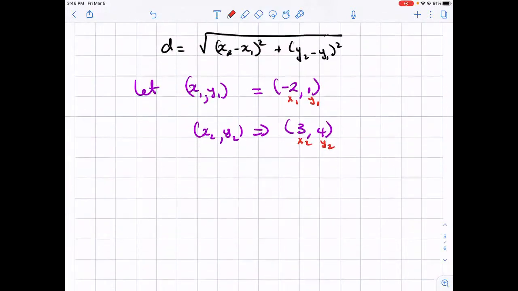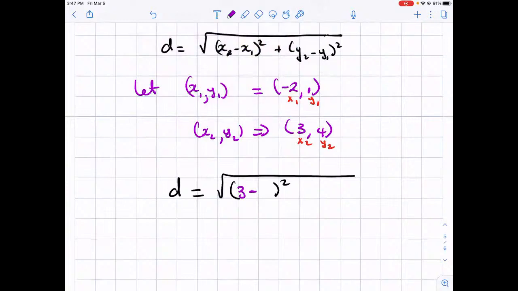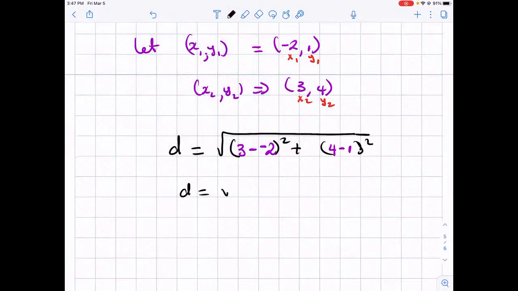Now if we plug those into the distance formula, d is equal to the square root of x2, which we know is 3, minus x1, which is -2, squared, plus y2, which is 4, minus y1, which is 1, squared. So d is equal to the square root of 3 plus 2, because these two negatives become positive, squared, plus 4 minus 1 squared.